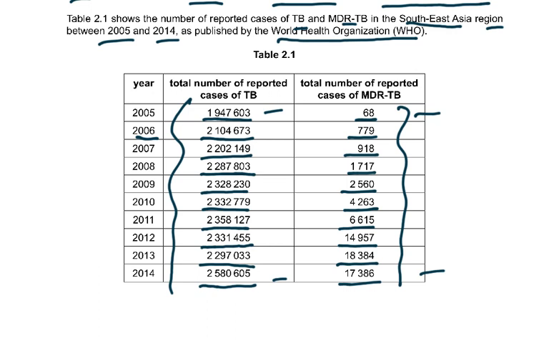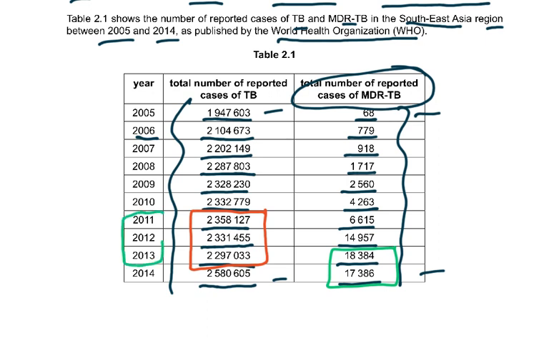So the rate of increase in MDR-TB was much more. This is what you had to pick up from the table. Also, there was a decrease for TB between 2011 and 2013.